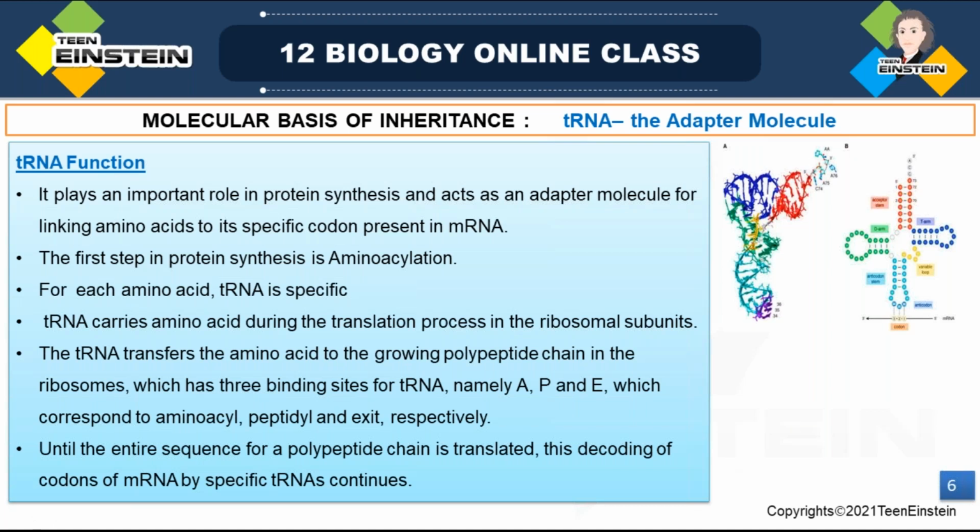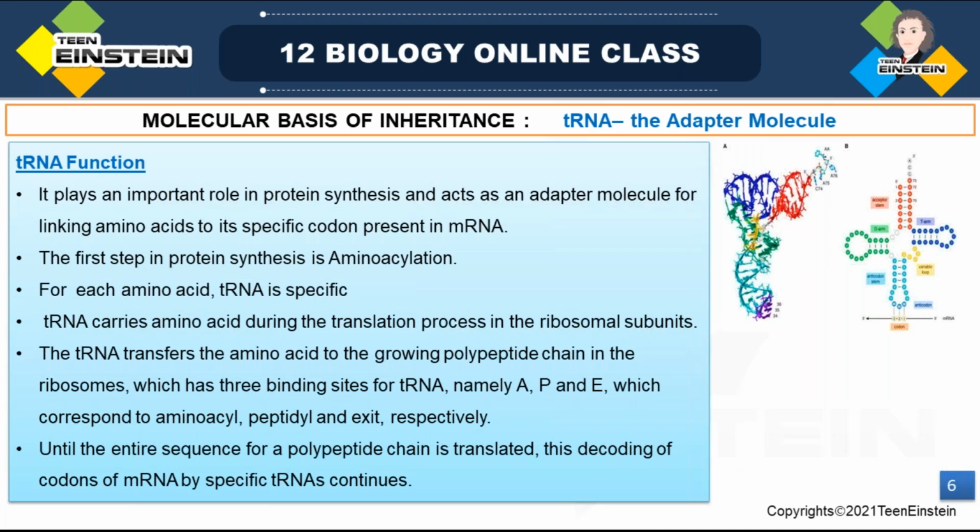So what will this tRNA, or transfer RNA, do? It carries the amino acid during translation, and to where does it transfer the amino acid?